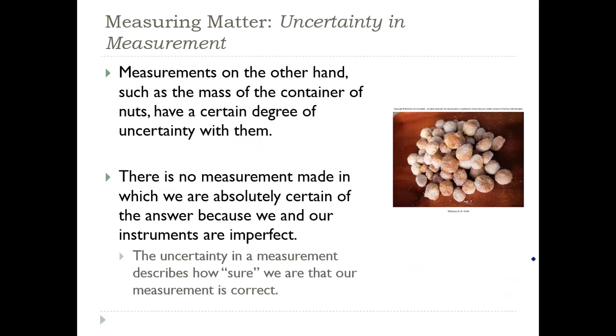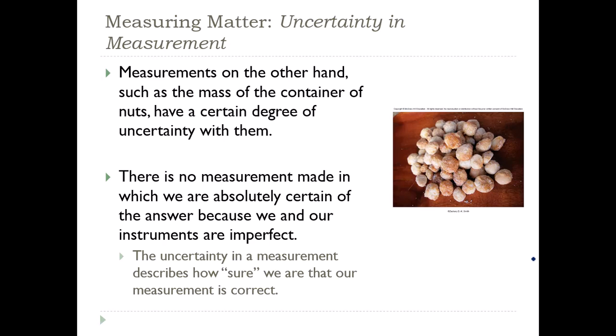So measurements, on the other hand, such as the mass of the container of nuts, where we'd use a mass balance to get the mass in grams, for example, have a certain degree of uncertainty with them. And so there is no measurement made in which we are absolutely certain of the answer because we and our instruments are imperfect.